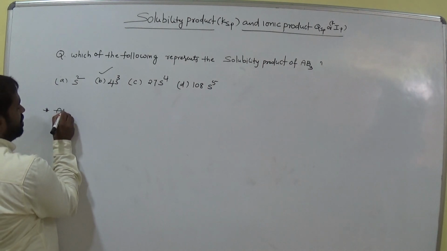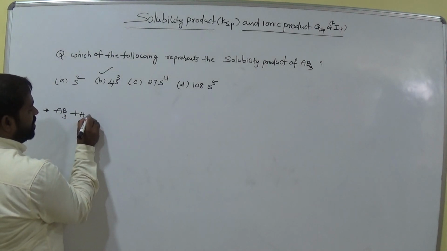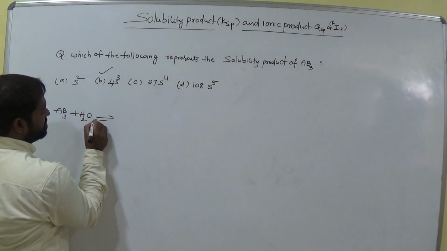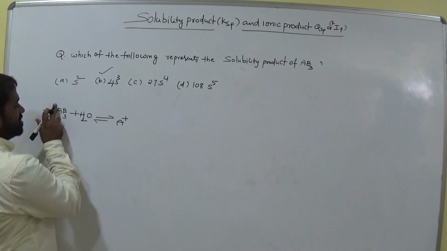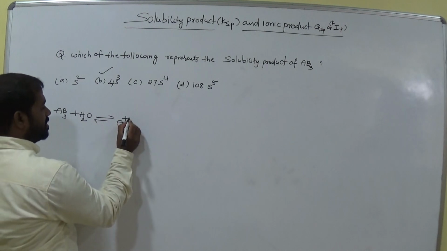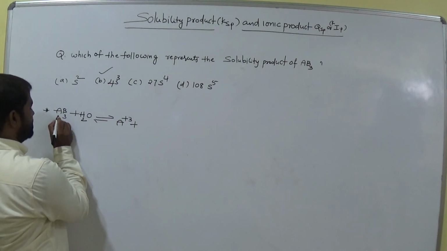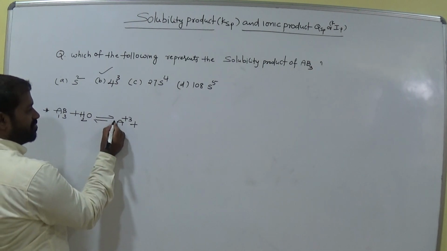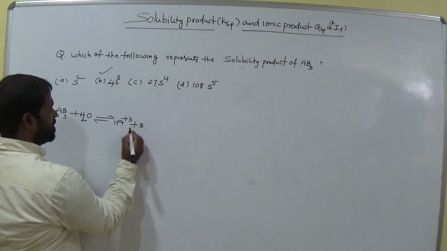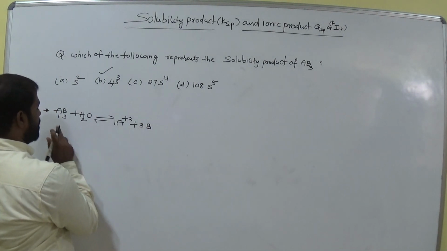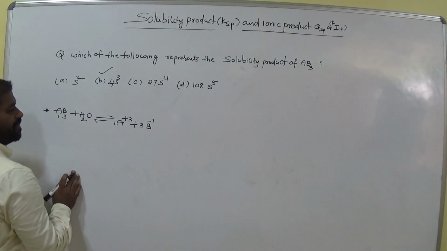AB3. When AB3 is dissolved in water, how is it ionized? This is the oxidation state of A, that is A plus 3. How many B's do we have? Here it is 1. How many B atoms are there? 3. And what is the oxidation state of B? That is minus 1.